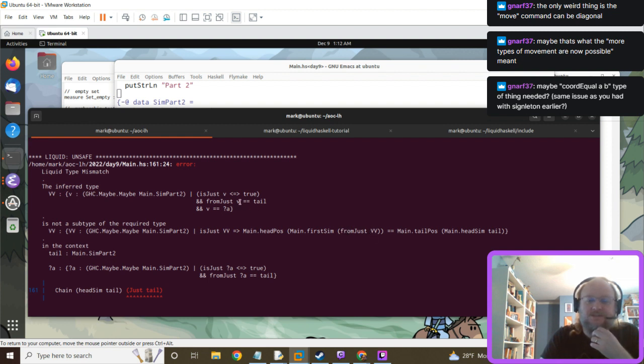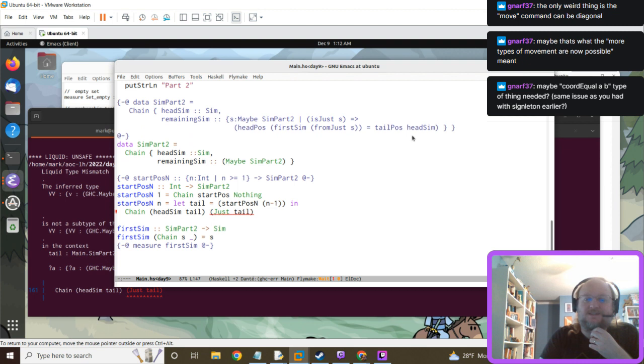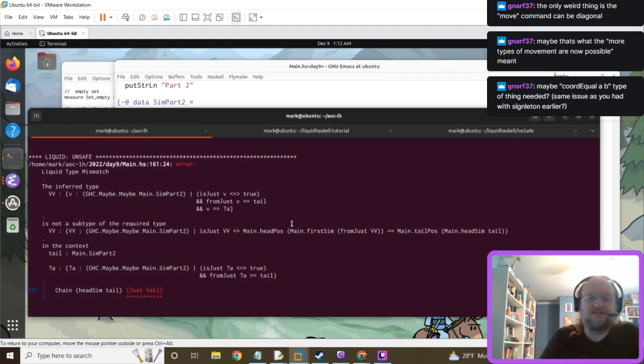So from just V should be tail. So this is first sim of tail. First sim and head sim are not the same thing. I mean, they are.